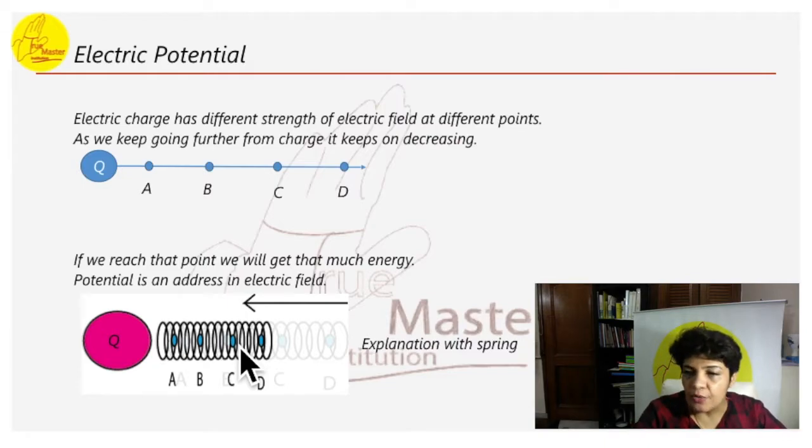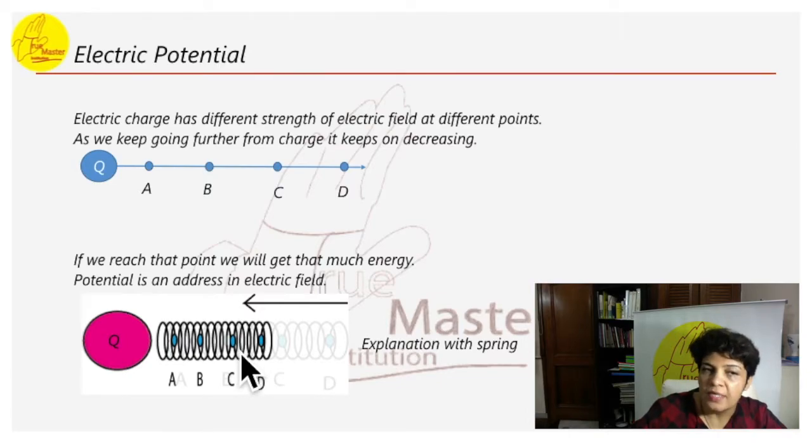Work done, we know the formula, is equal to force into distance. That is force into 10 for this case, and work done for point C will be force into 20 because the distance is 20. Here the position C will have more energy to do work, about 20 joules of energy.